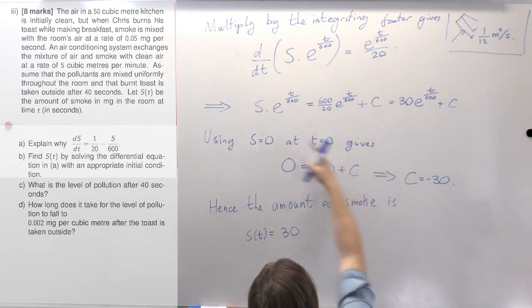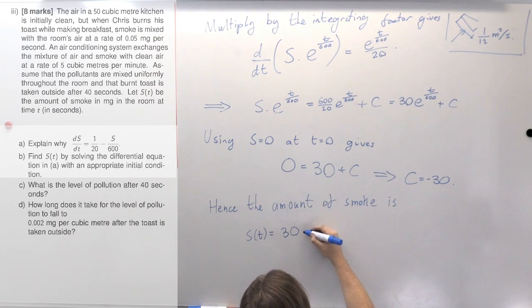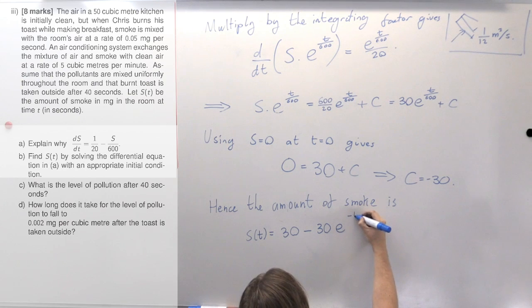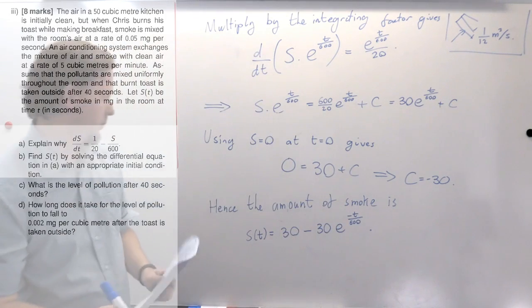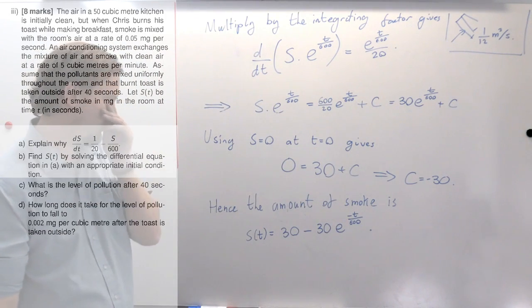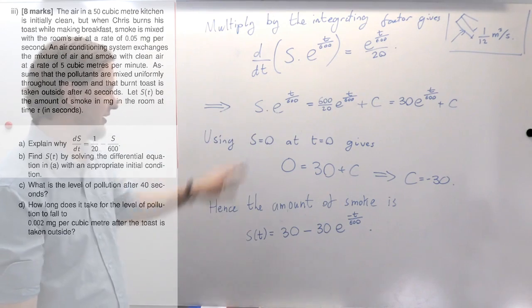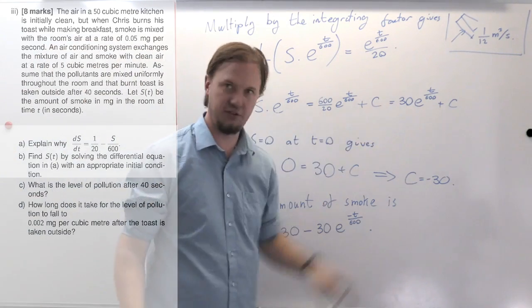So divide this by the exponential, it goes to 0, minus 30 e to the minus t over 600. And that's just rearranging that equation up here with minus 30 there.